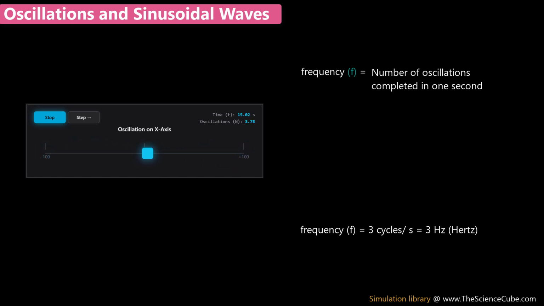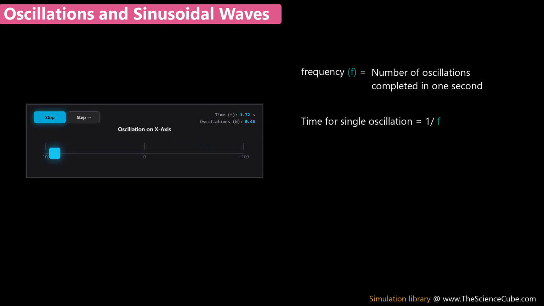Then we can also say that the time taken for a single oscillation is 1 upon f, which is simple math. That is, if f oscillations happen in 1 second, 1 oscillation happens in 1 upon f seconds. And we term this time for one cycle as the time period T of the oscillation.